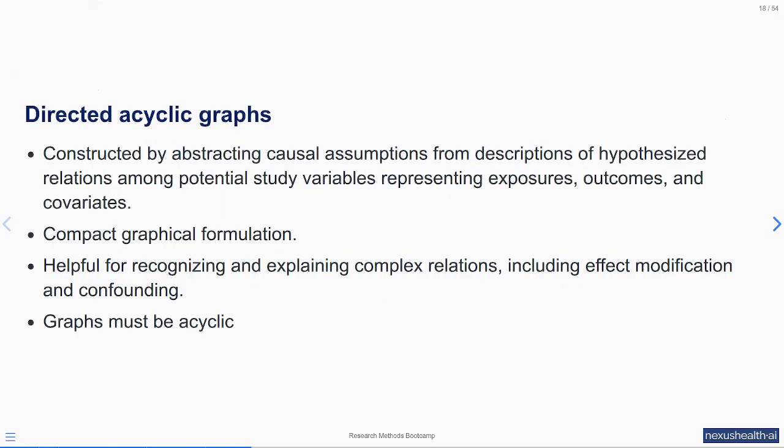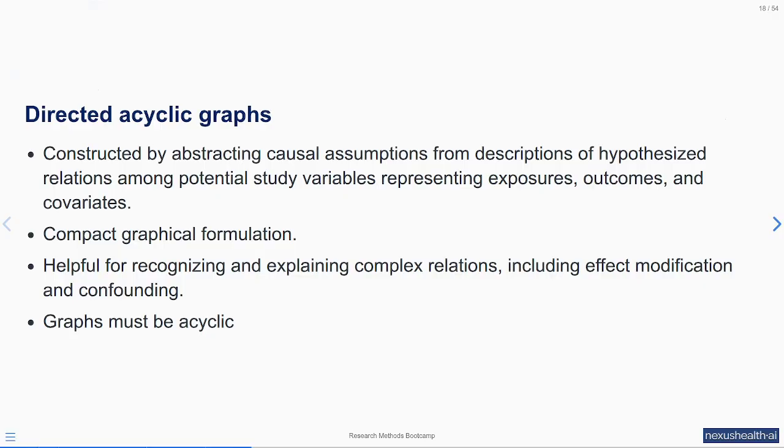So what are directed acyclic graphs? These are compact graphs that are constructed by abstracting causal assumptions from descriptions of hypothesized relations among potential study variables that represent exposures, outcomes, and covariates or confounders.